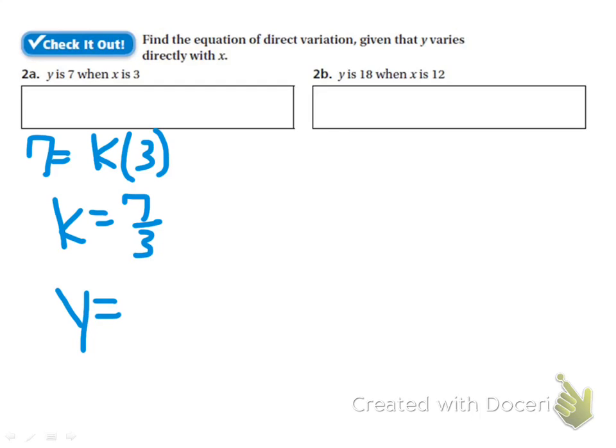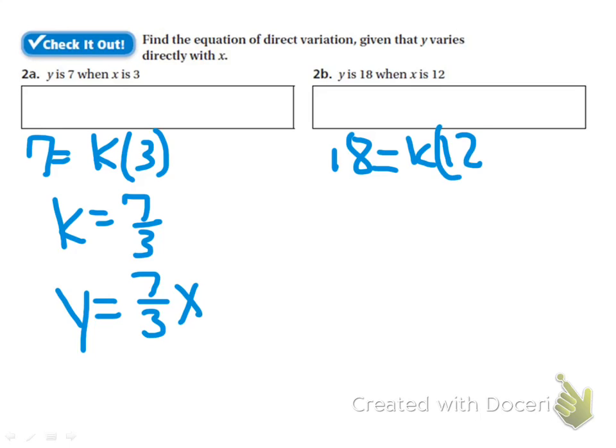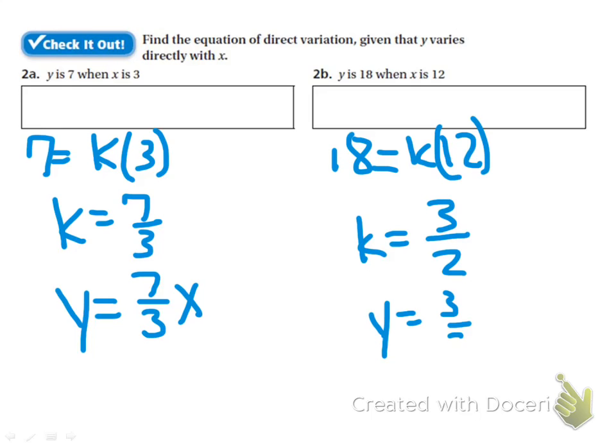So your equation is y equals 7/3 times x. For this one, you should have substituted in 18 and 12. So you should have found that k equals 3/2, so that y equals 3/2 times x.